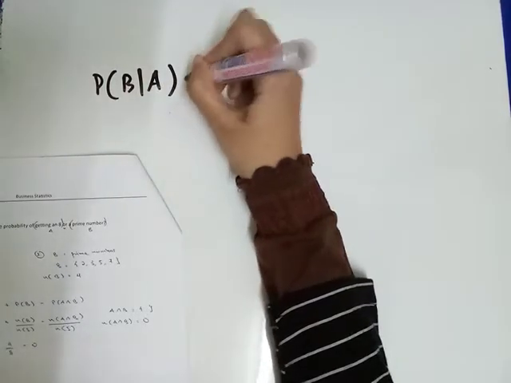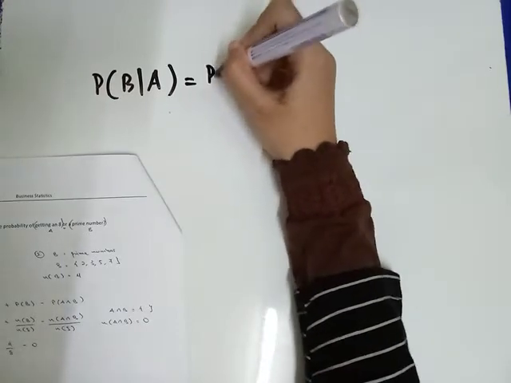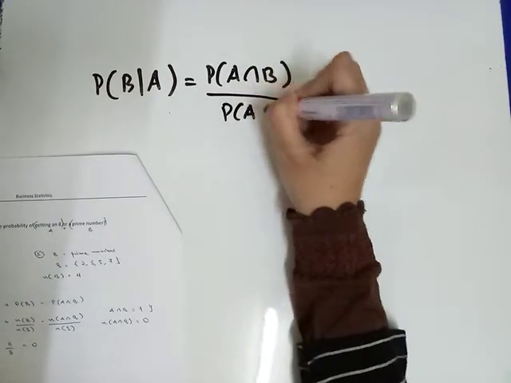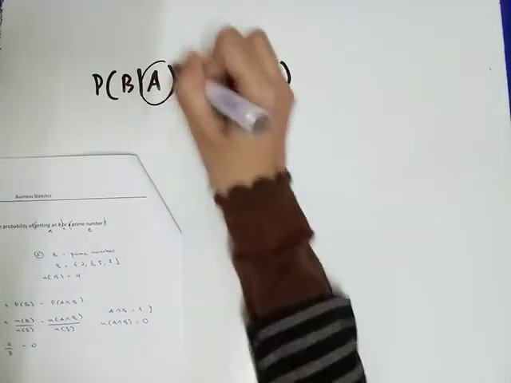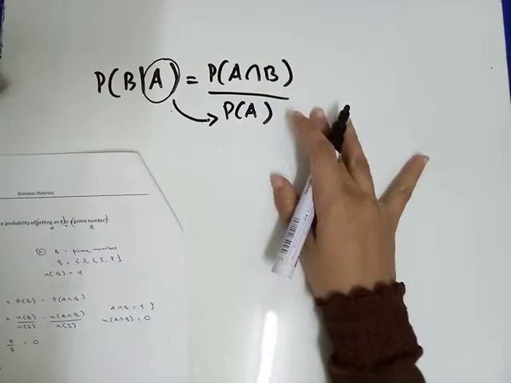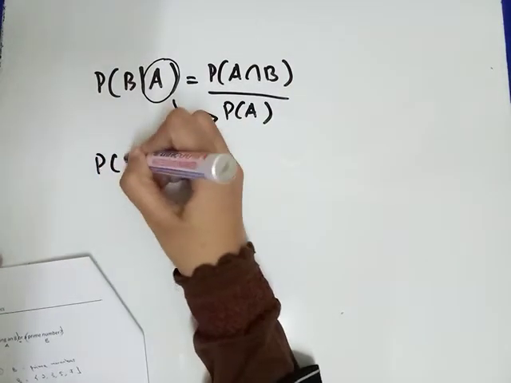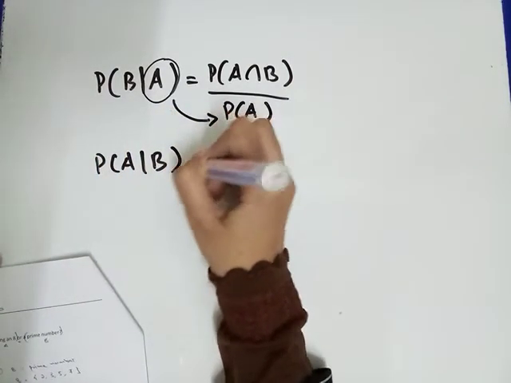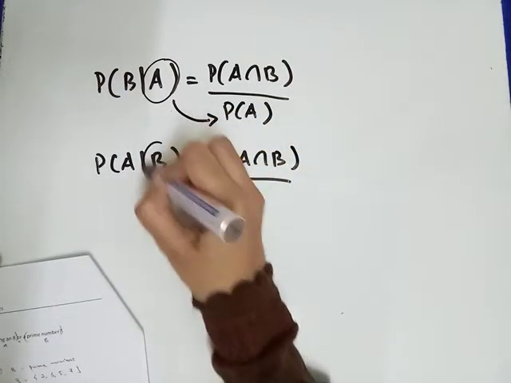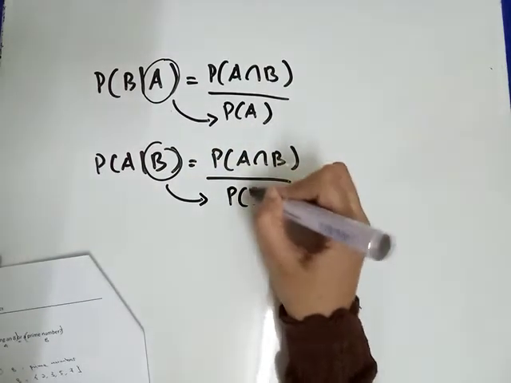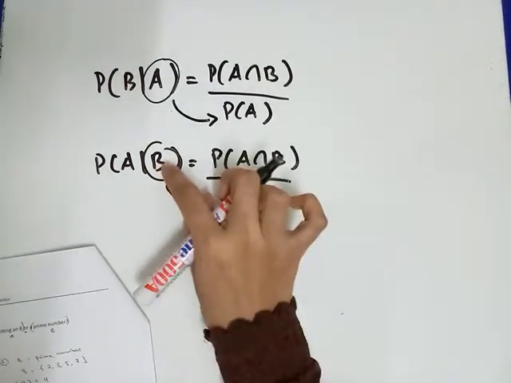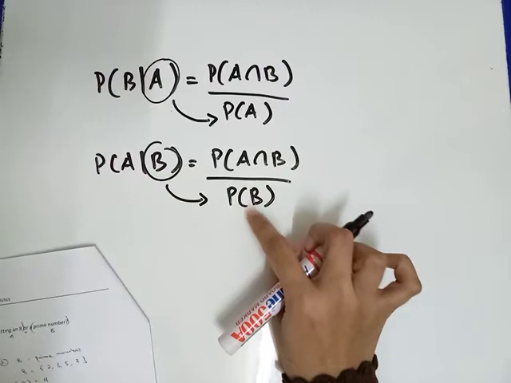Probability of B given A is equal, formula dia, probability of A intersect B over probability of A. Yang duduk kat belakang ni, kita bawa dia turun bawah, probability of A. Or probability of A given B is equal to probability of A intersect B over, yang duduk kat belakang ni, kita bawa turun bawah, probability of B. Dia punya division ni, yang mana yang duduk belakang dia letak kat bawah, jadikan dia sebagai division.